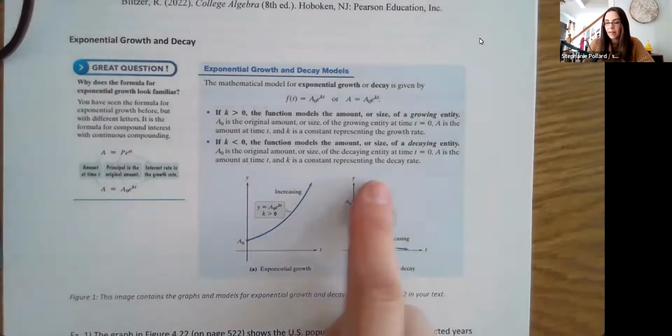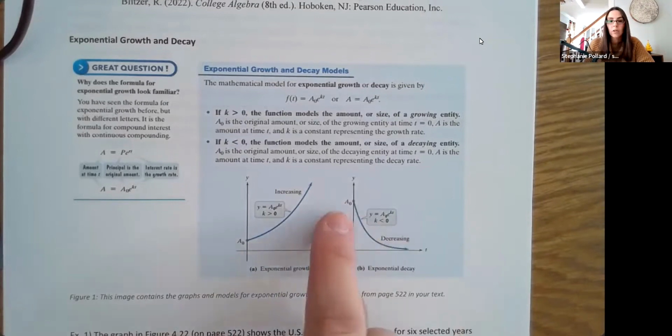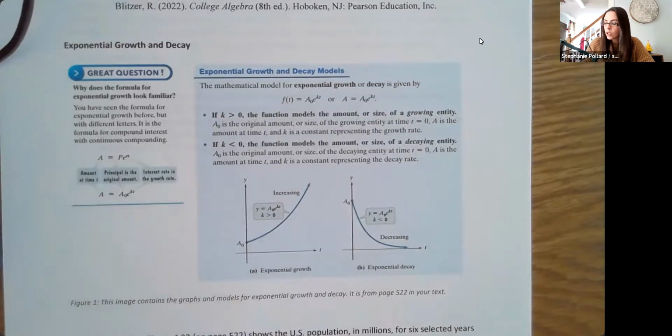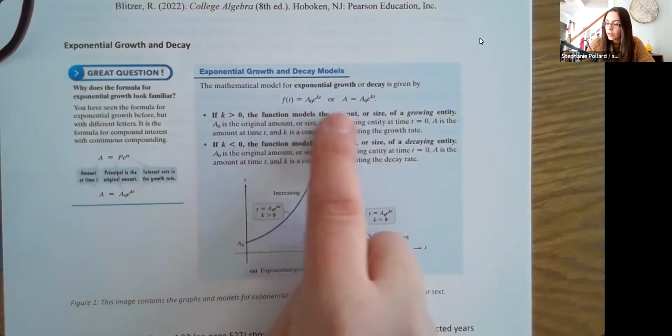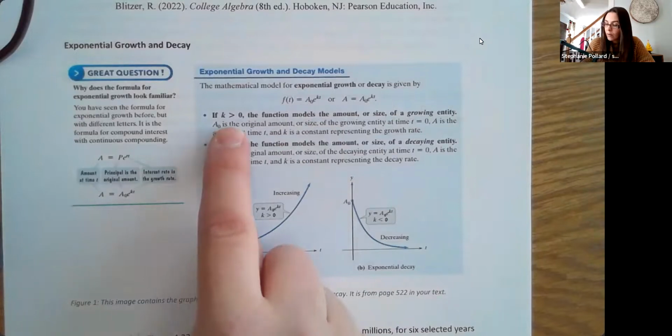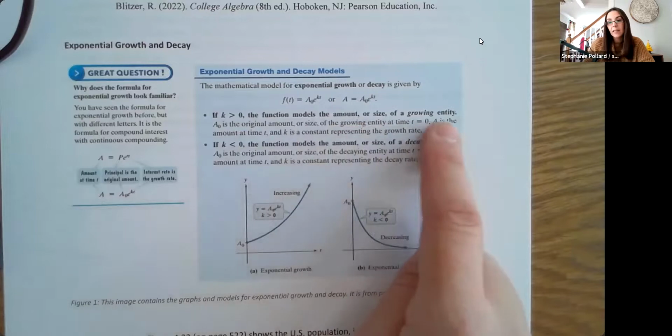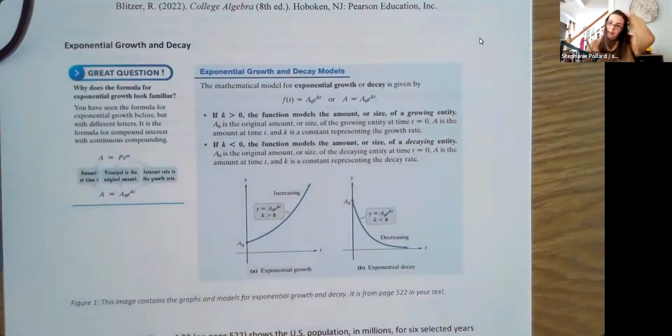So over here you have that initial starting point at A sub 0, and then here you have your initial starting point of A sub 0. So this is your general format for exponential growth or decay. And if k is greater than 0, the function models the amount or size of a growing entity. So again, often things like population growth, for instance, if the population is growing, it typically grows exponentially a lot of times.